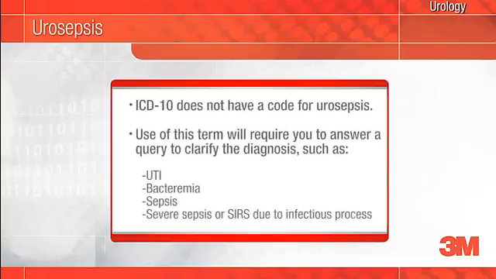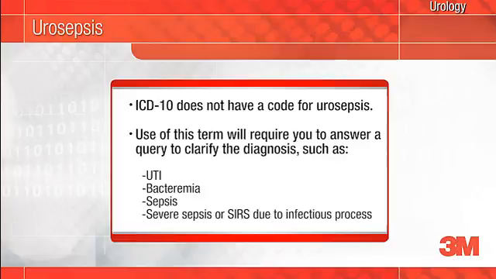What is new with urinary tract infections is that the diagnosis of urosepsis can no longer be coded in ICD-10. In ICD-9, a diagnosis of urosepsis defaulted to the code for an unspecified urinary tract infection.